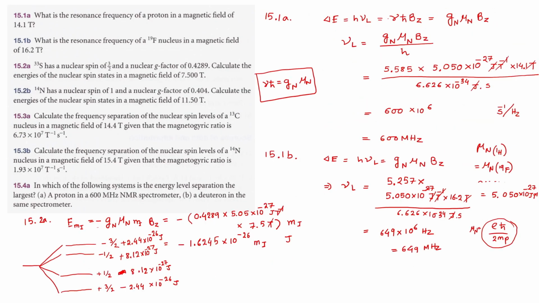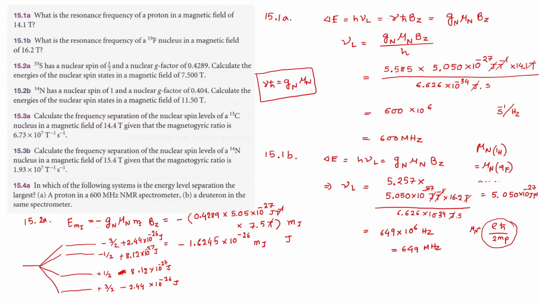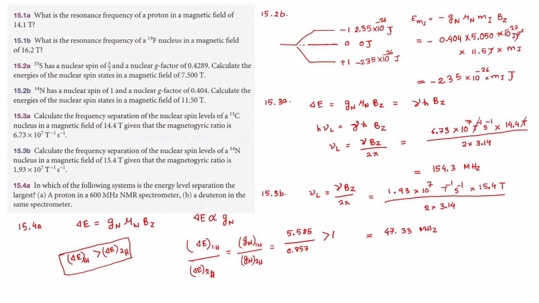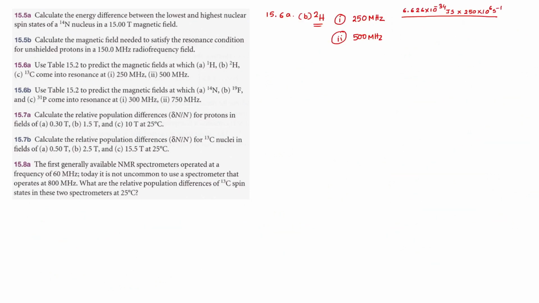The value for the G factor, where is the value? For which question did we use that? Last 15.4a, right? 0.857.